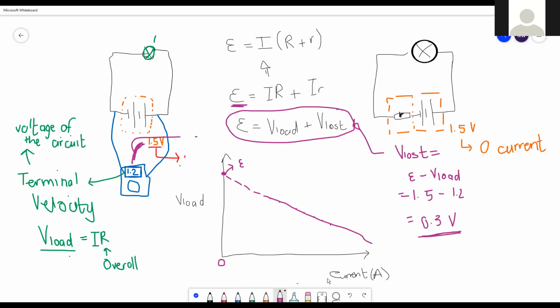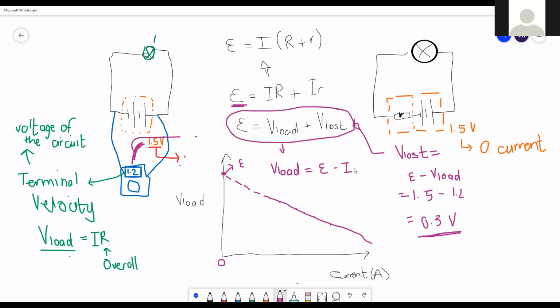So if we now were to write the formula, we could rearrange it and say V load equals EMF minus your internal resistance bit, and I'm doing this so that I can show you what the gradient of our line is equal to.